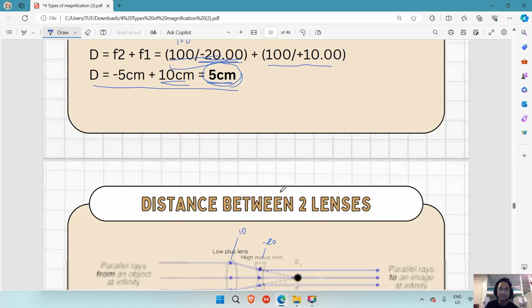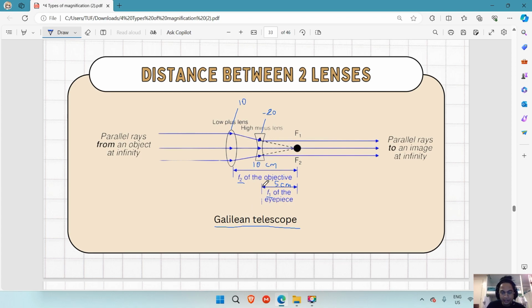It is subtracted to find the distance between this f2 and this f1 here. So 10 minus 5 is equal to 5 centimeters. We can interpret this that the distance between the low plus lens and the high minus lens is equal to 5 centimeters.